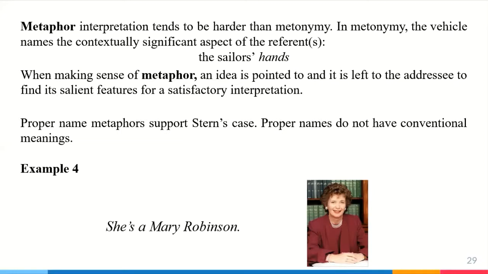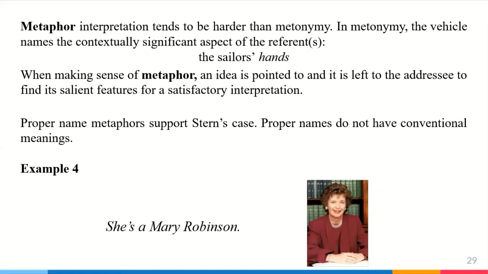Proper names do not have conventional meanings that language users know from knowing the language, but useful ideas can be evoked by getting people to think of what they believe about the bearer of a name. For example, example 4. What do you think when you hear this sentence? "She's a Mary Robson."